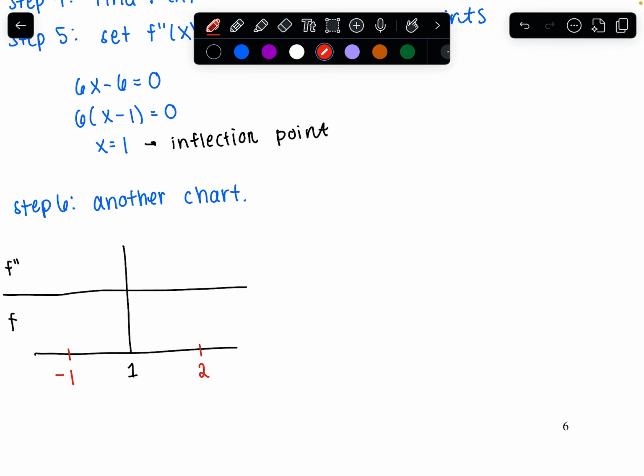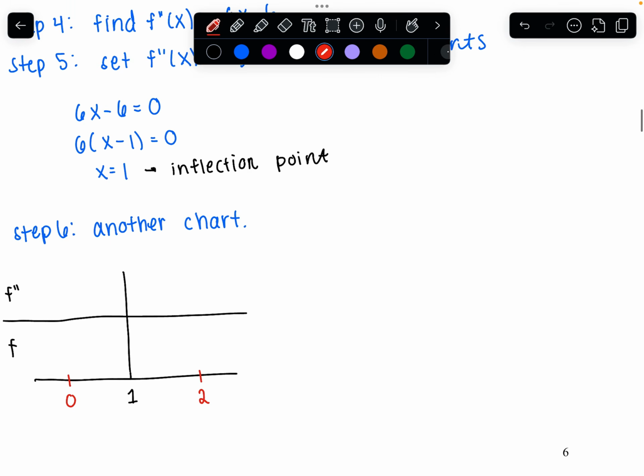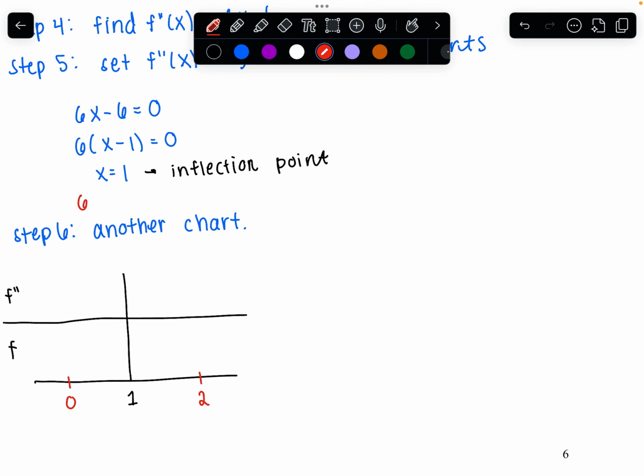Does it matter which number I pick? No. Just make sure one is above and one is below. Pick what's going to be easier for you to plug into the derivative. You know what's actually easier than -1? 0. Okay, let's plug 0 into the second derivative. 6 times 0 minus 6, that's negative. Let's plug 2 into the second derivative.